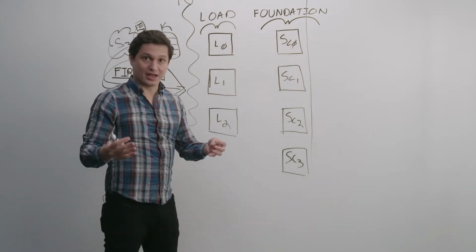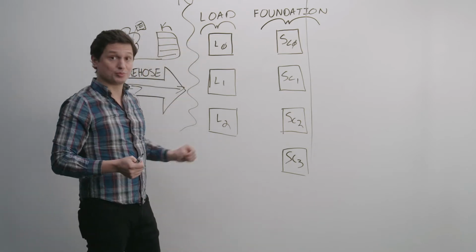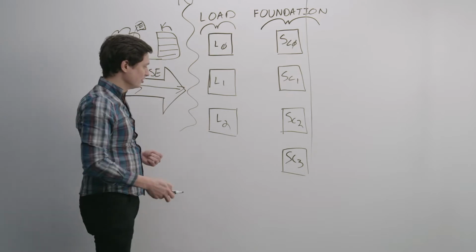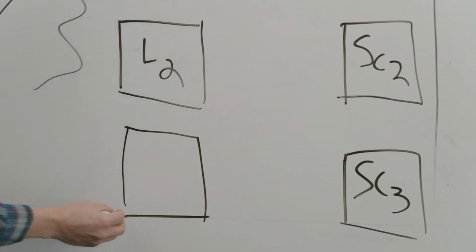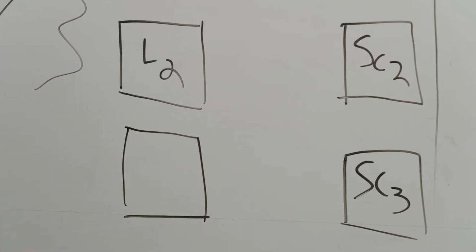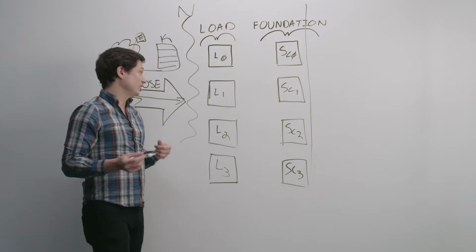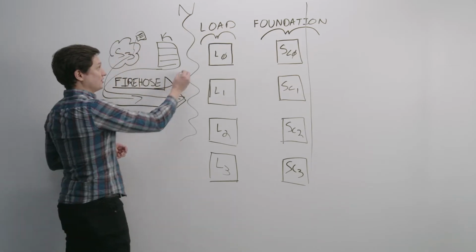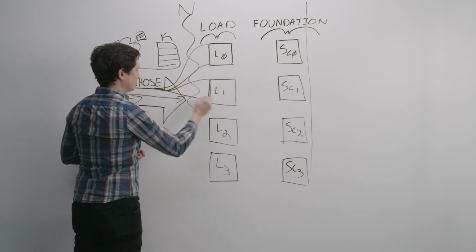Its capacity in that regard is a linear function of the number of loading nodes present in the system. Therefore, the loading unit, or the scaling unit of our system is the loading node, where each one operates on a disjoint subset of the inbound firehose.